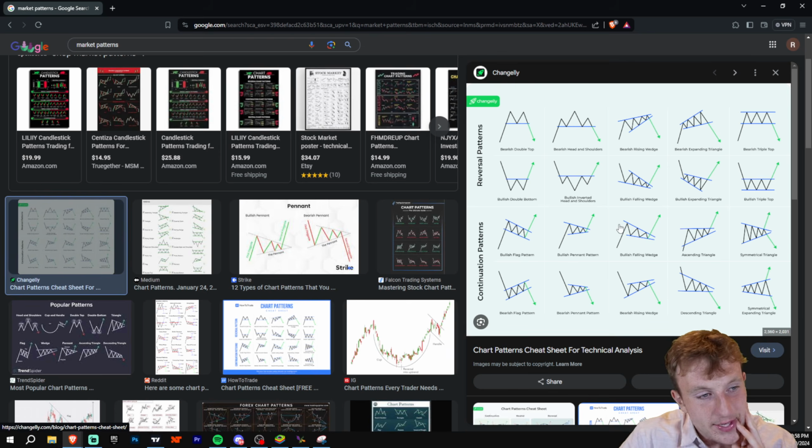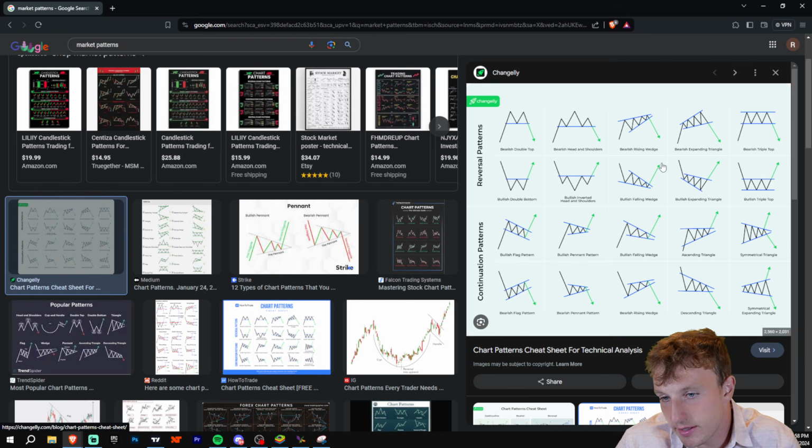And what's funny about this is it's all liquidity, but it's kind of just a pattern based off liquidity. Now, you're not going to understand what that means until probably a year down the road, but whenever you see these patterns, typically what's going to happen is these green arrows.